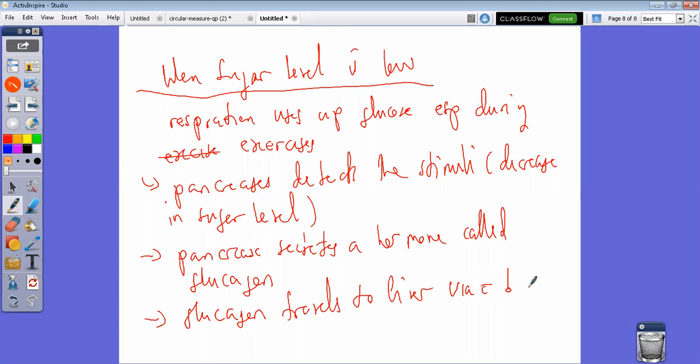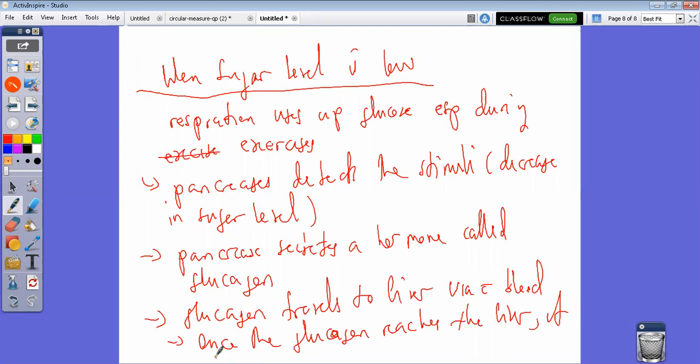Now, once the glucagon reaches the liver, it converts glycogen. Remember, we've got glycogen as an energy backup. It converts the glycogen to glucose.